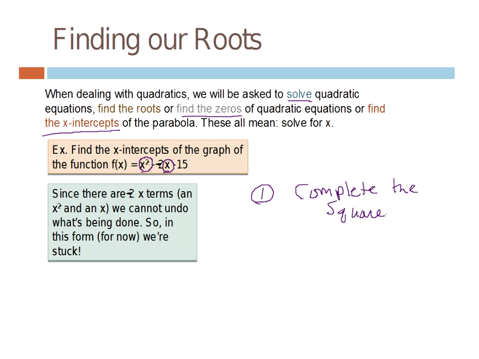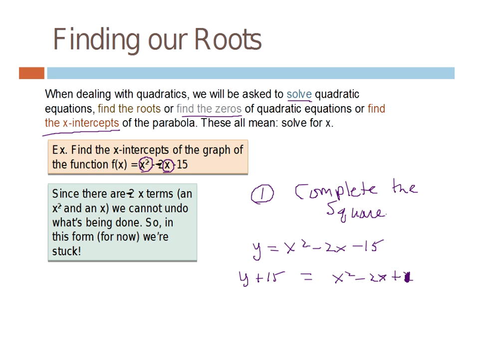And so I'll take this and divide everything by 1, which doesn't change it. So I'll add 15 to both sides. I'll take half the coefficient of x, square it, and add it to both sides. That's positive 1.